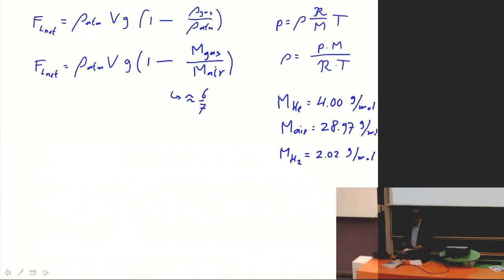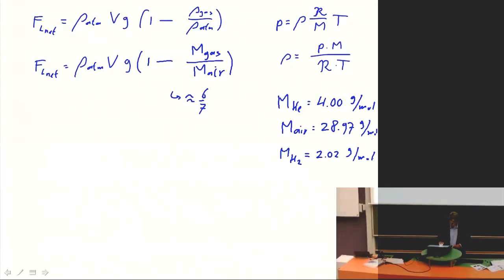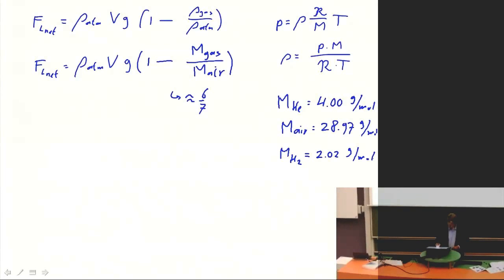We often talk about the extra temperature that we have added to the balloon. So maybe it's easier to say we have the rho of the atmosphere, we have the Vg, and we have 1 minus the temperature outside and the temperature of the hot air balloon where we have added a delta T. And this we can simplify by saying 1 is the same as T plus delta T divided by T plus delta T minus T divided by T plus delta T.